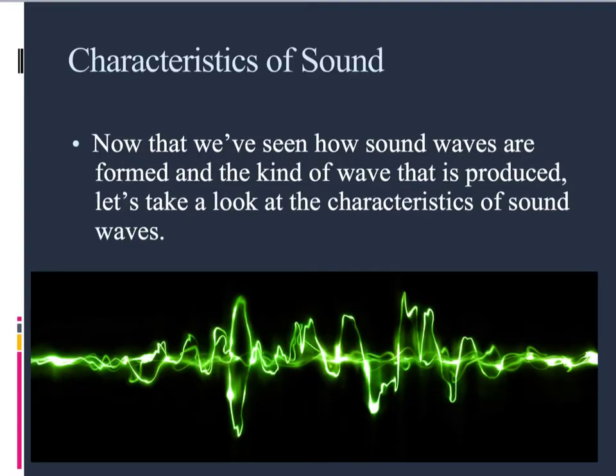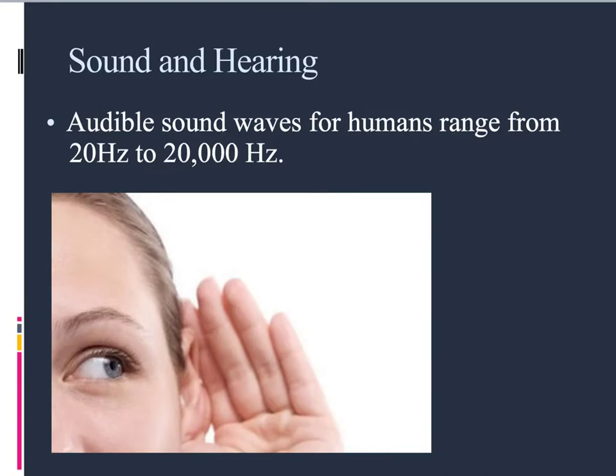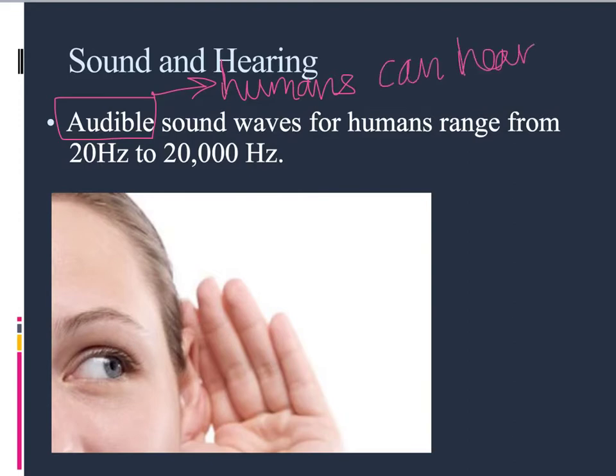Now that we've seen how sound waves are formed and the kind of wave that is produced, we're going to look at the characteristics of sound waves specifically. Audible sound waves: the word audible just means that we can hear it. Humans can hear a range from 20 hertz to 20,000 hertz.